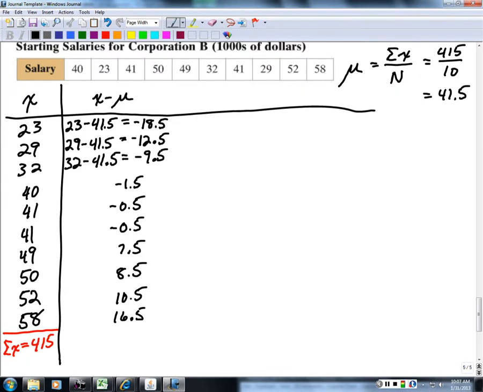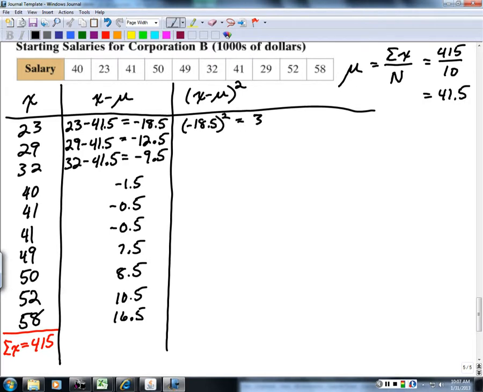Okay. All right. Now what I want to do is take that x minus mu and square each one of them, which means that I'm going to take negative 18.5, and I'm going to square it, and I'm going to get 342.25. I'm going to take negative 12.5, square that and get 156.25.